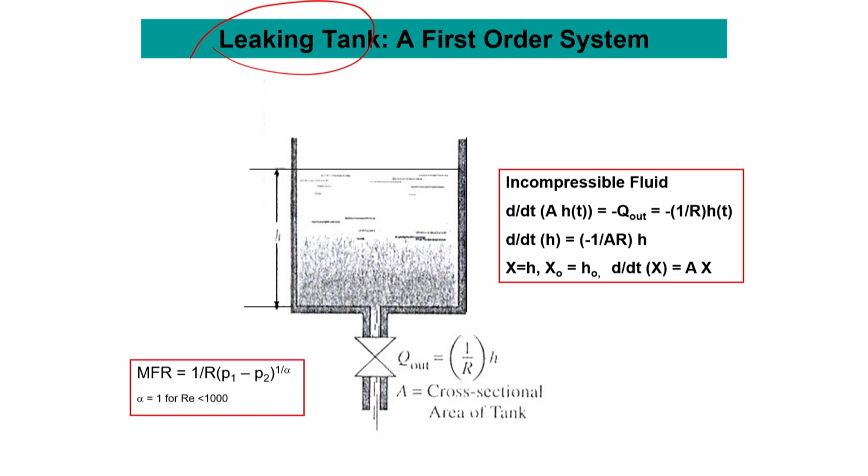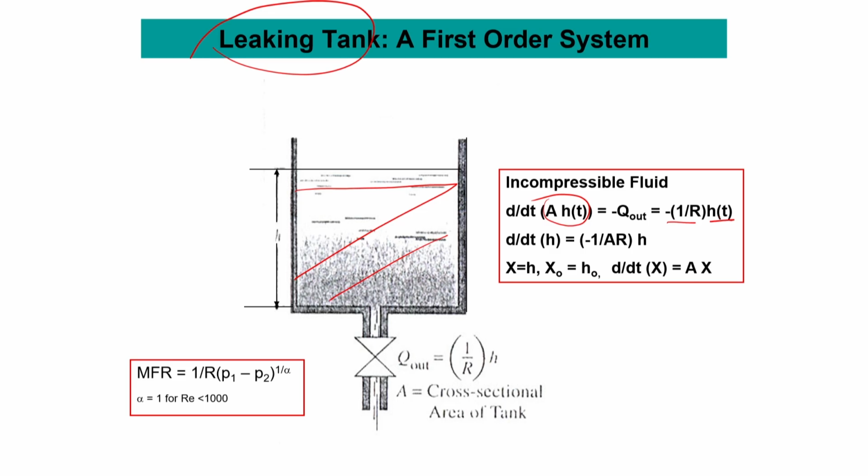For this system, what you would see is that the rate of change of the volume inside, which, if the area is constant, means the rate of change of the height of the liquid inside, which is coming out through a leaky tank, is equivalent to minus 1 by R times H of t.